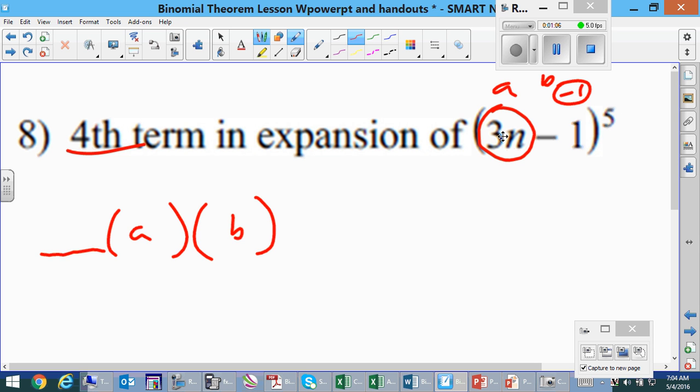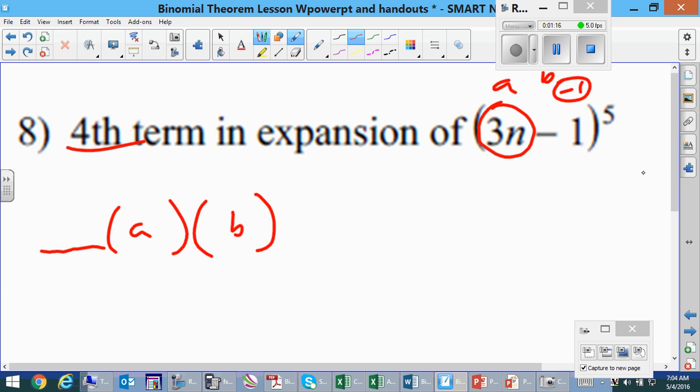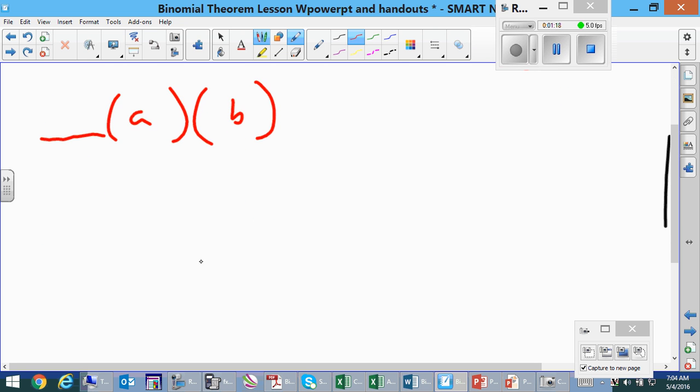We'll have to take the powers of A and wind them down, the powers of B and wind them up. So let's lay out the powers of A on the downward trend. We're going to have 3n, and it's going to be raised to whatever the power of the binomial is. The binomial is being raised to the 5th power.